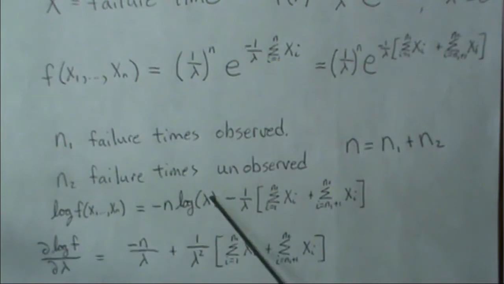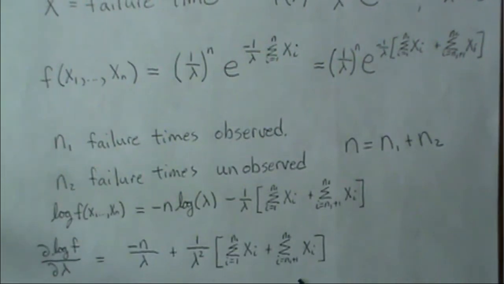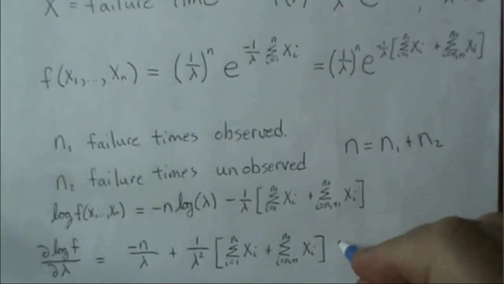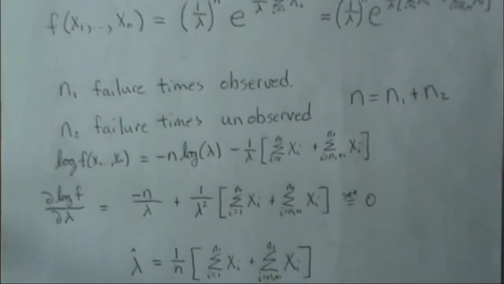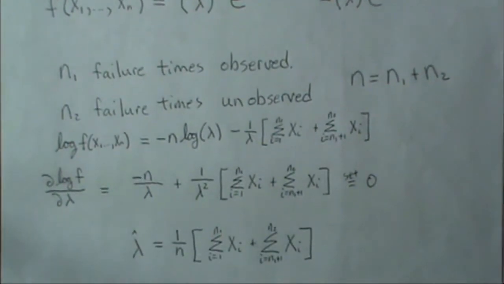So minus n1 over lambda, plus the sum over lambda squared, and then that is just the same. Then we set this equal to 0, and solve, and we get this. Now this is the maximum likelihood estimate.